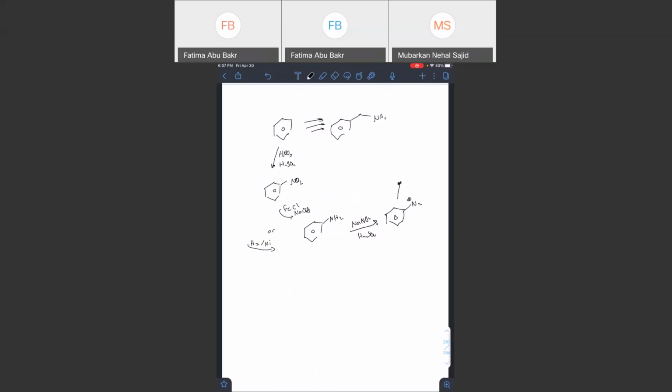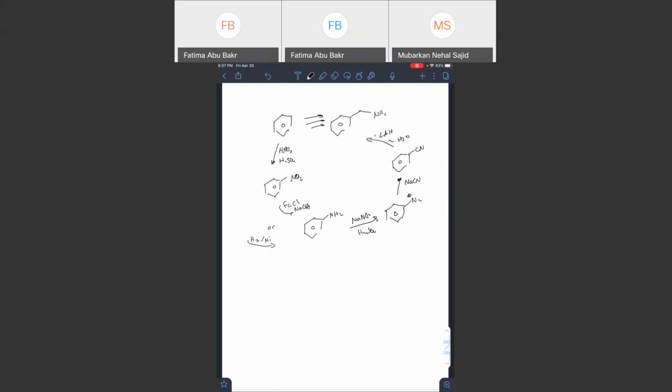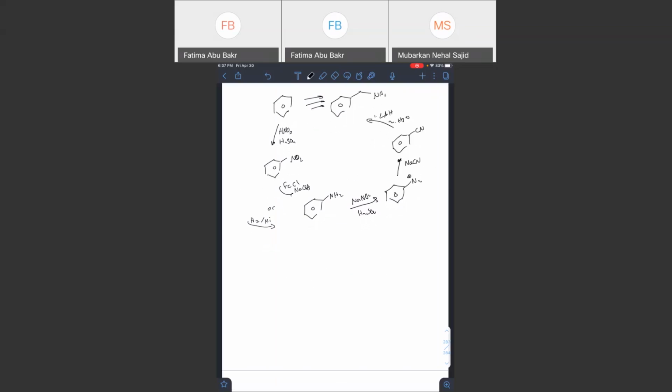So I think this is a little bit of a long way around, and I think the reason he's showing the long way around is because it'll give a better grasp of so many things that are happening. But we have LAH and H2O. Okay, so what I was thinking is, obviously if you start with a bromination, that would be way easier.